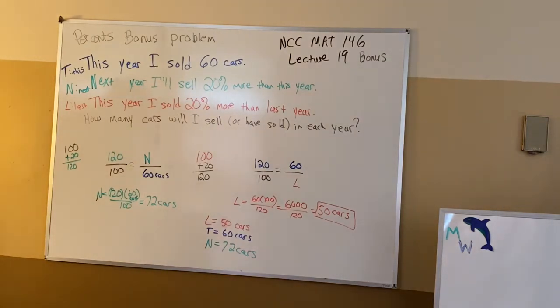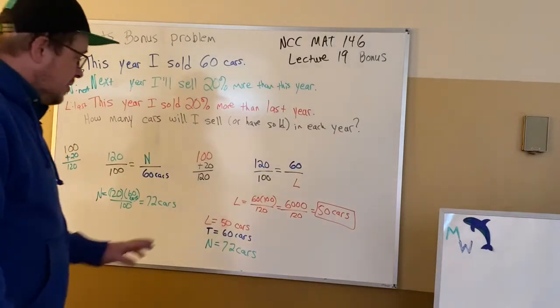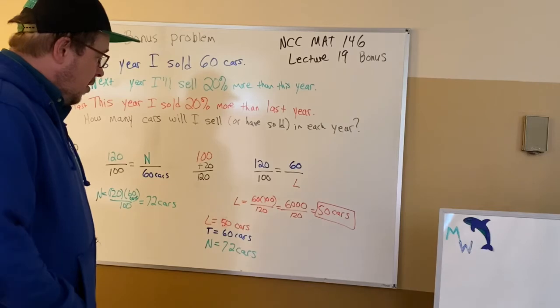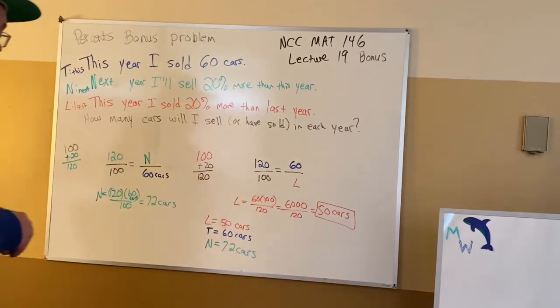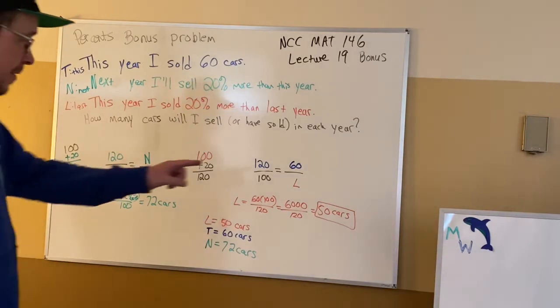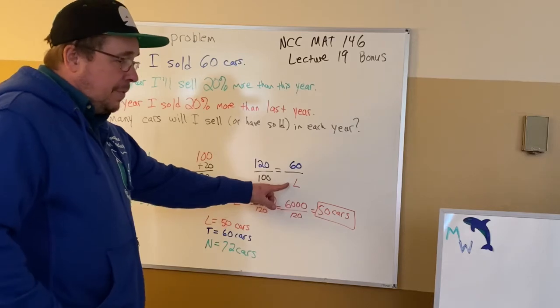That all has to do with properly setting up the values so that you take that 20% to be a part of relationship to the 50 cars that were the basis for the second problem that we did. It was based on a 50 car year, the old number, bumping up to make 60.